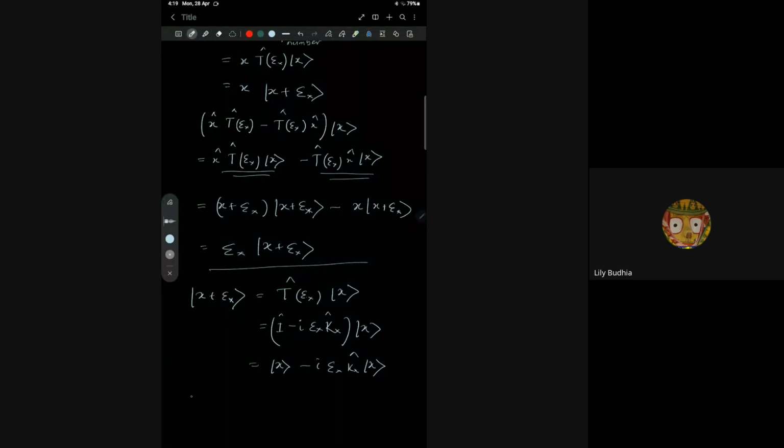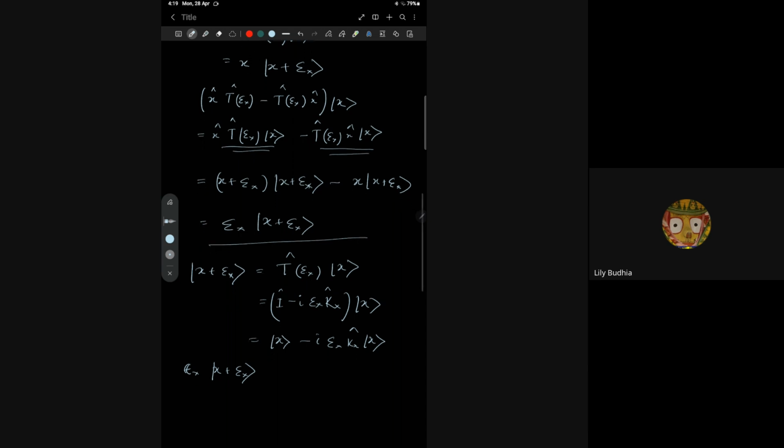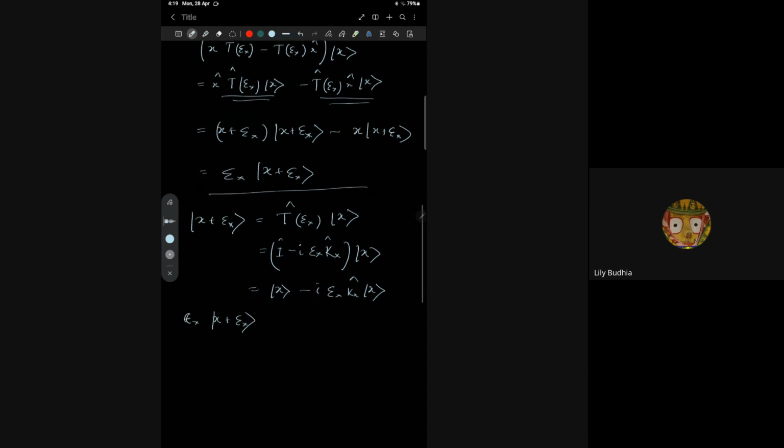Now if I write what is epsilon x, in this step you can just multiply epsilon x to the left. What exactly will I get?